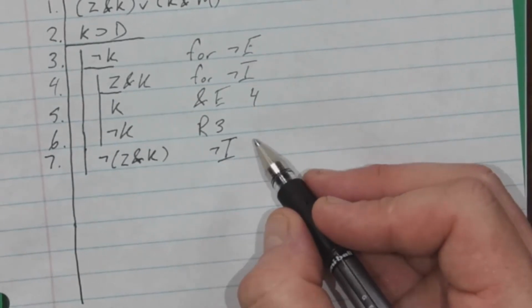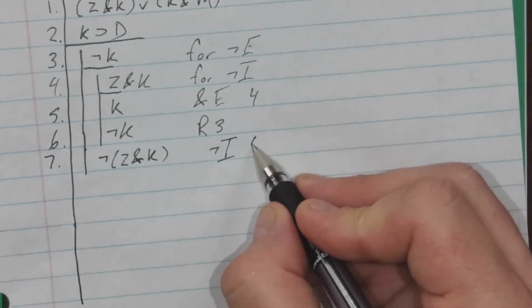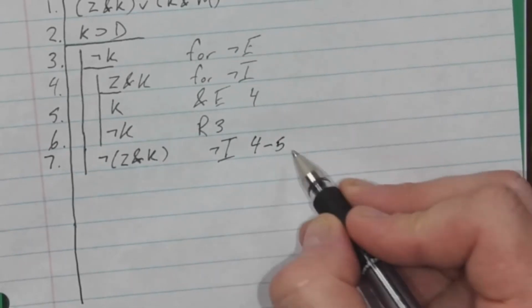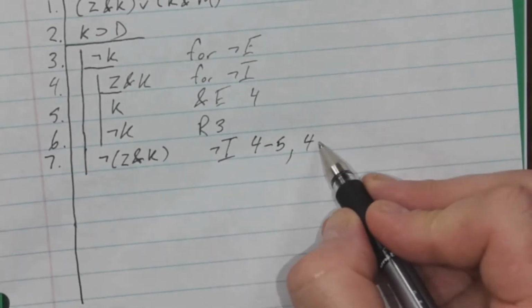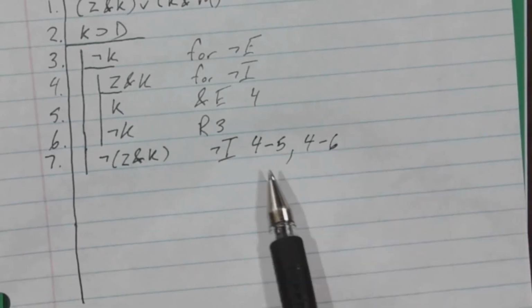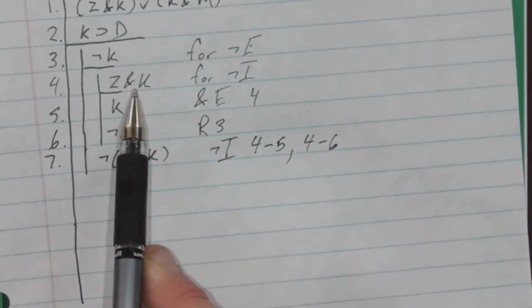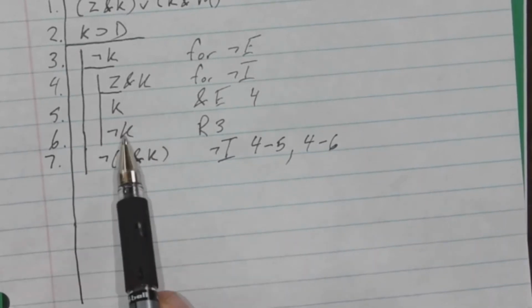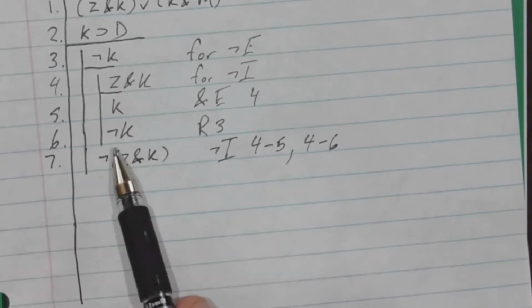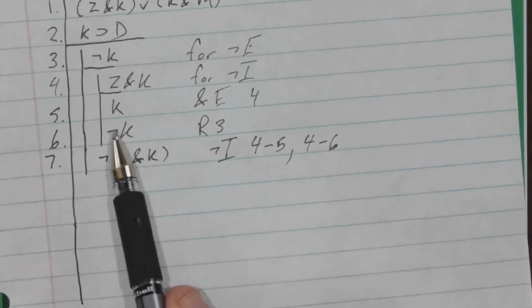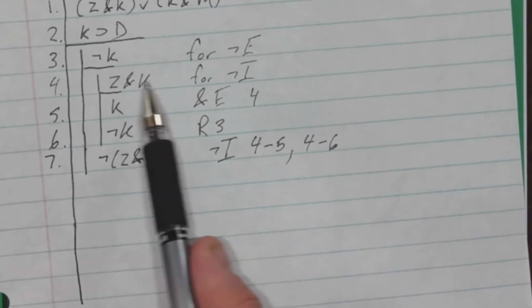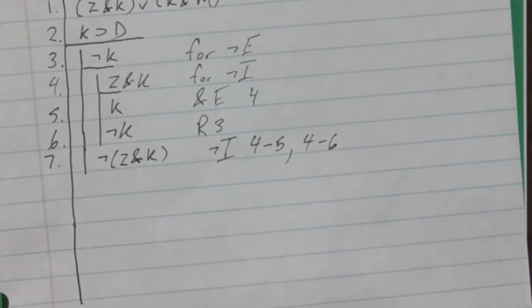So negation introduction, and we're going to cite 4 through 5 and 4 through 6. In other words, we're showing that once we assumed Z and K, we were able to derive K, and given that it's occurring in this larger context, we were able also to derive not K. That resulted in a contradiction, so we have to toss out this guy, Z and K, and that's going to give us, it's not the case that Z and K.